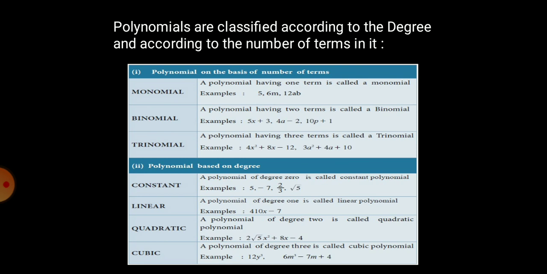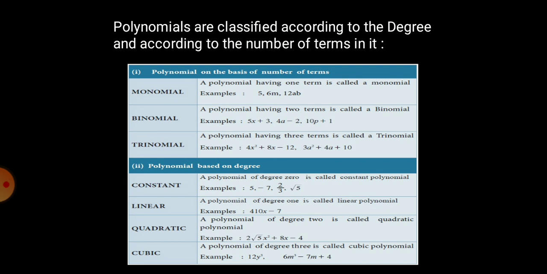If the degree of a polynomial is 1, that is 10x plus 1, 4x minus 6, 7y plus 8, 2 minus 6y, 8 minus 7y, all these are first degree. That means the degree of that polynomial is 1. So they are called linear polynomials.